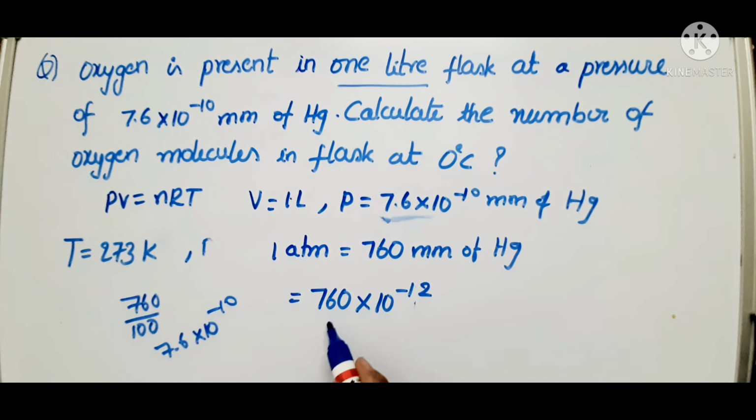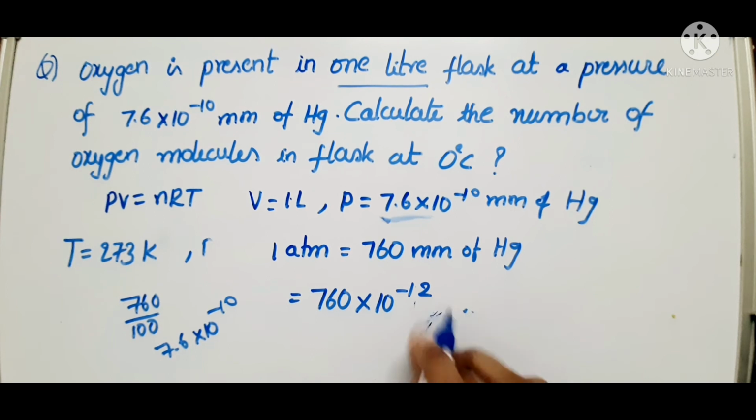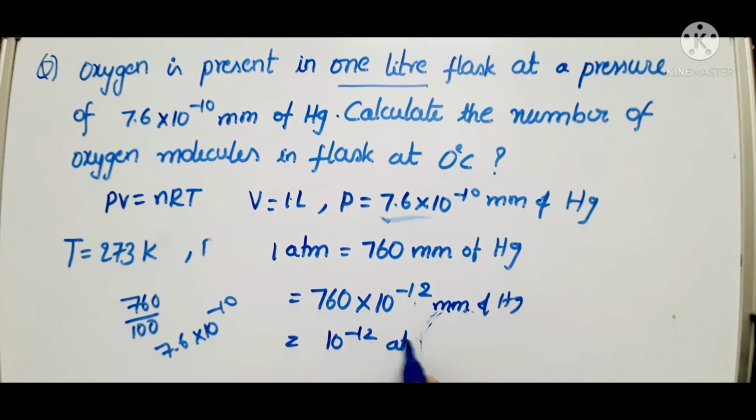If you put it like 760, then 10 power minus 2 will be added and this will become 10 power minus 2 atmosphere. Why? Because 760 mm of Hg is nothing but 1 atmosphere. I hope you got this point.